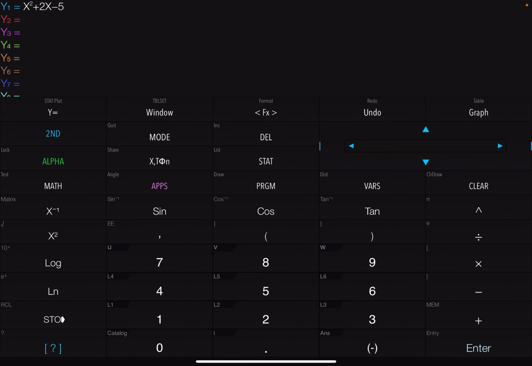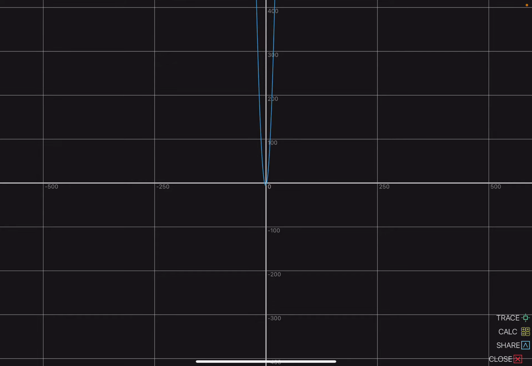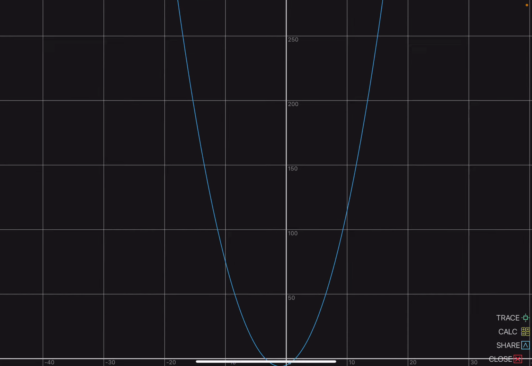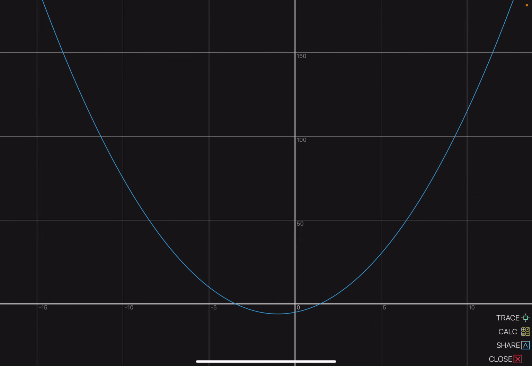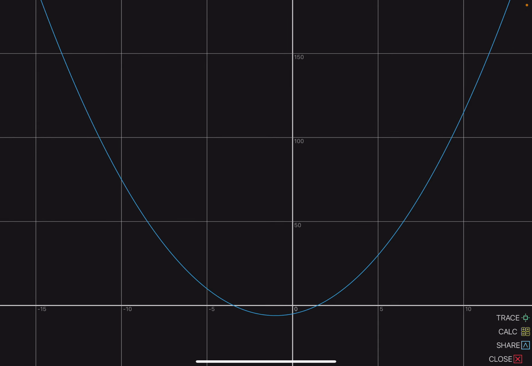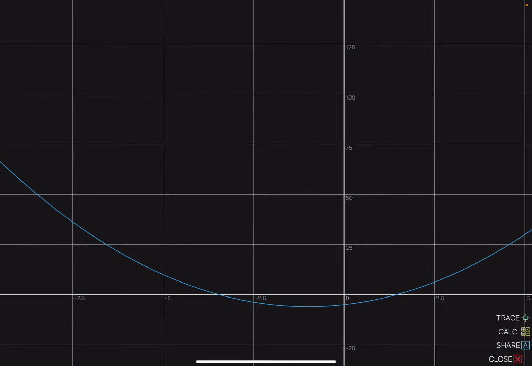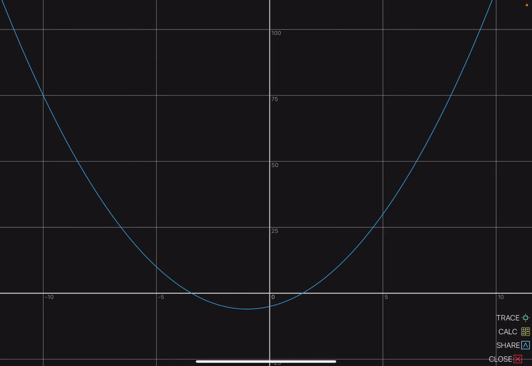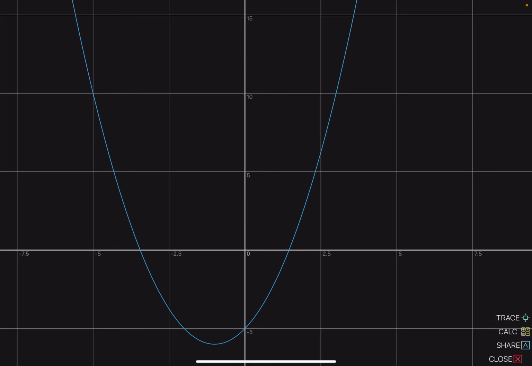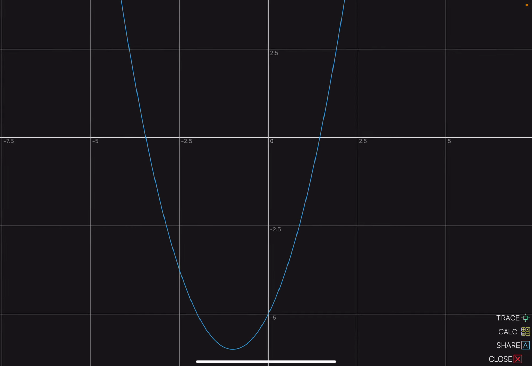So that's going to be our first graph, and I'm going to go ahead and look at my graph. Let me zoom in a little bit. I don't know why it's so big. There we go.